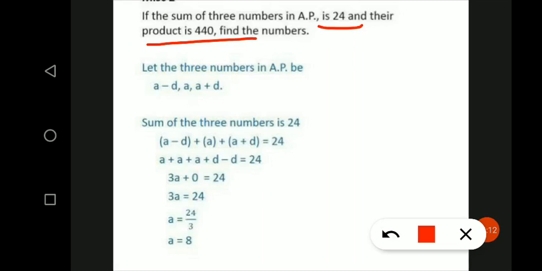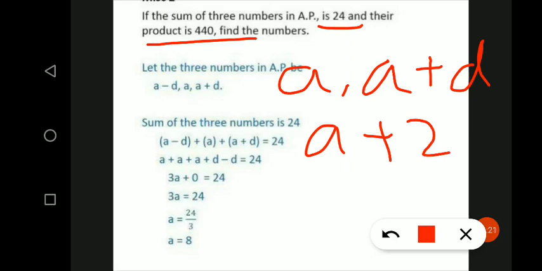Okay, so if you take a, a plus d and a plus 2d, then also you will be able to solve. You try by that method also, and then you try by this method also. After that you will find out what the difference is between these two methods.